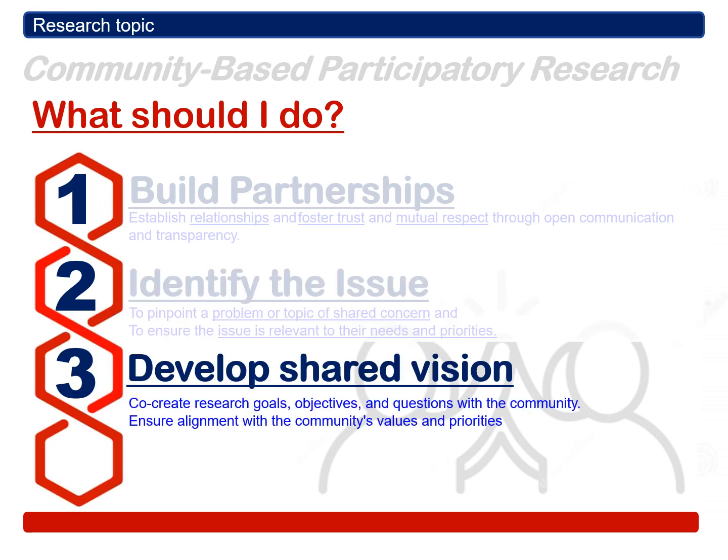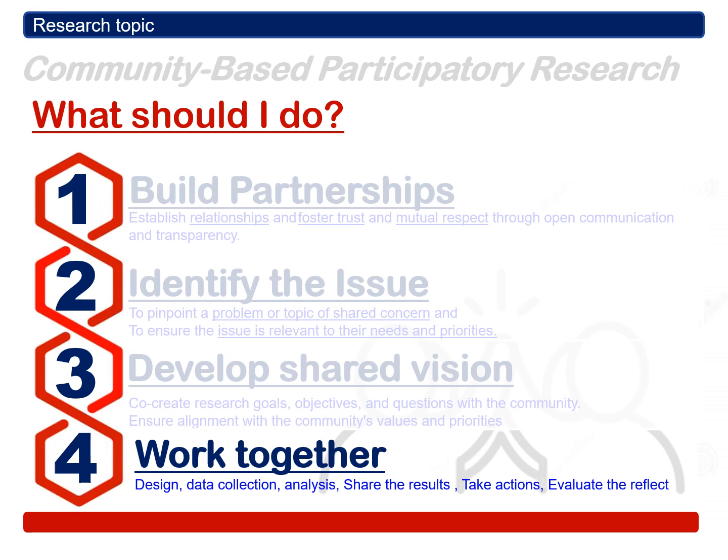Third, develop a shared vision. We have to co-create, which means create together the research goals, the objectives, the questions with the community members to ensure alignment with the community's values and priorities and needs, as we have said before.